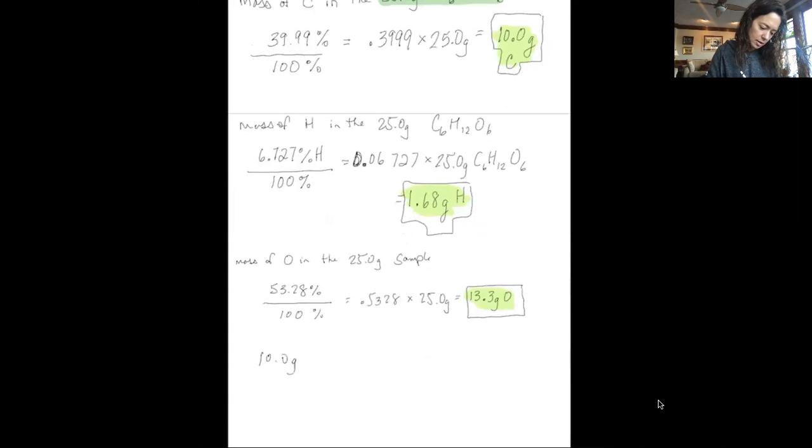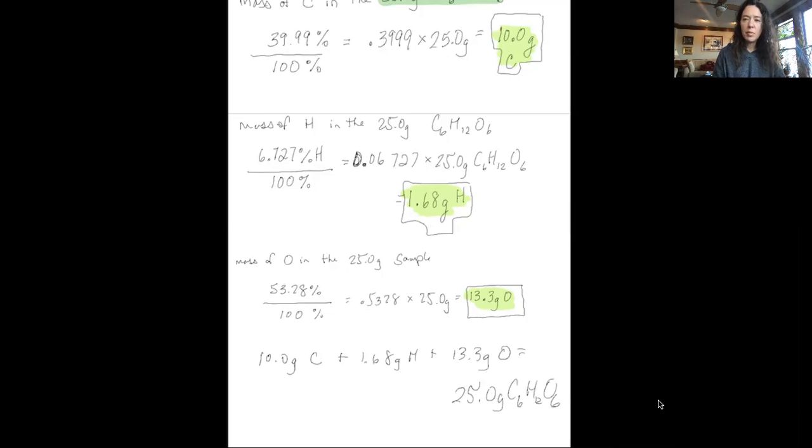Let's see. 10 plus 1.68 plus 13.3, 24.98, rounded to 3 sig figs, equals 25.0 grams of our compound.